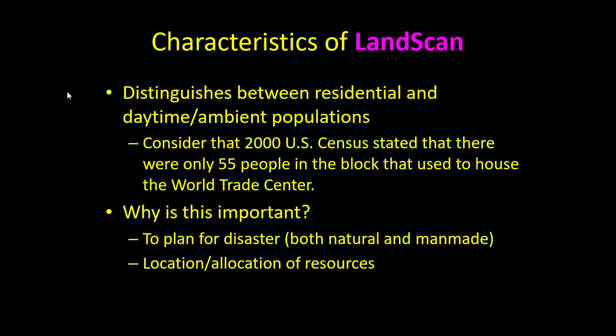This is important to think about for disasters, when we have maybe a tornado that might go through a central business district at 2 o'clock in the afternoon. It's useful to know where people are and where people aren't. So it's useful for resource management, for emergency management, for any type of disaster, for any type of situation, to know where most of the people are at a given time.